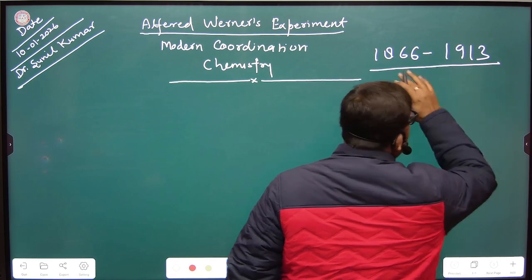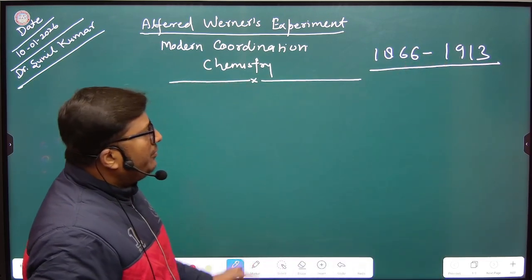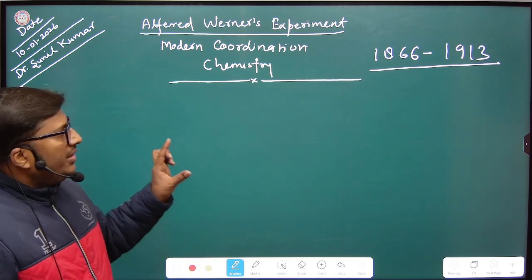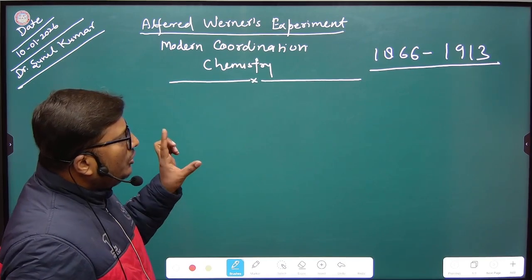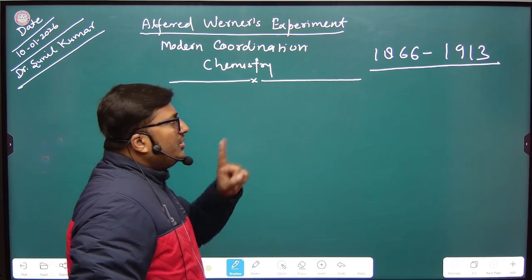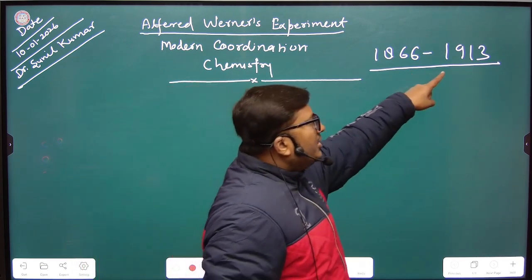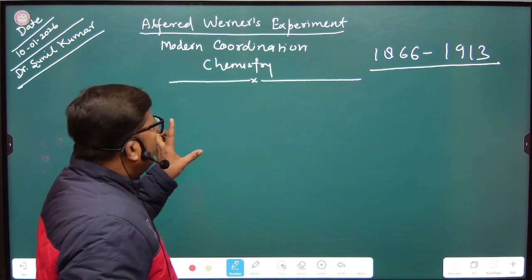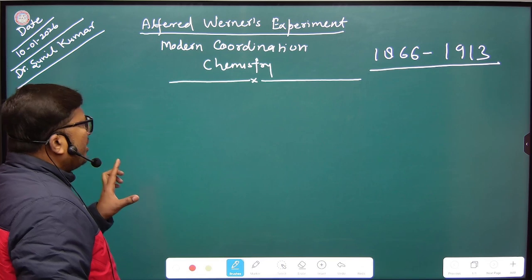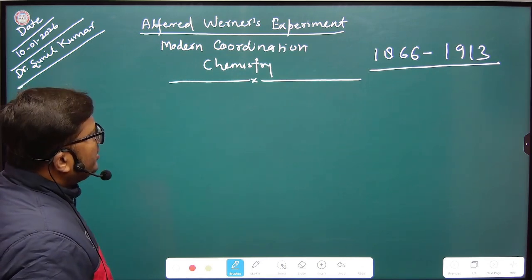So this is the period in which Alfred Werner spent his time for the evolution of modern coordination chemistry, and ultimately in 1913 he got the Nobel Prize. So actually nearly all the metals form complex compounds.